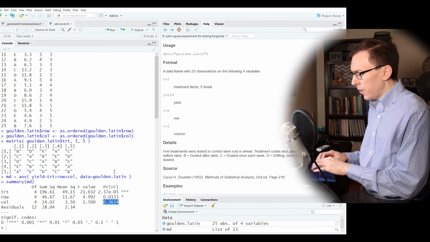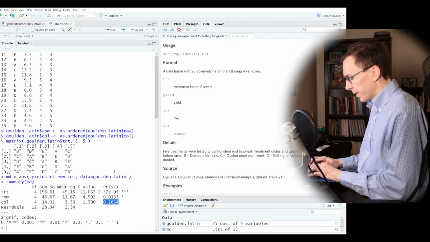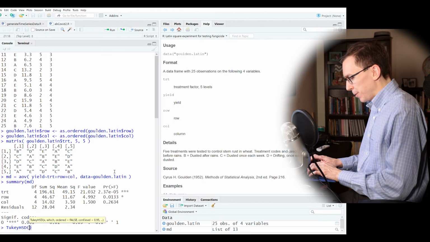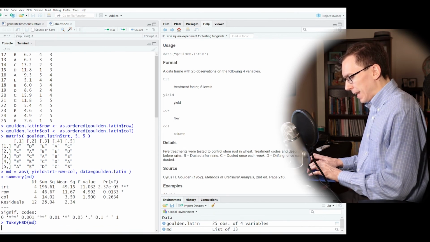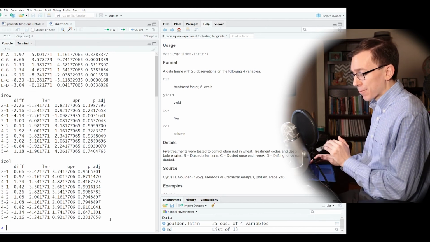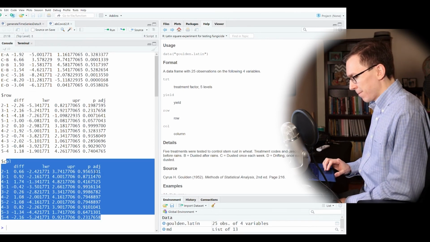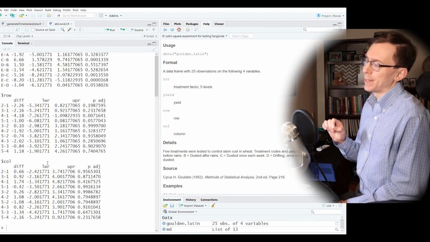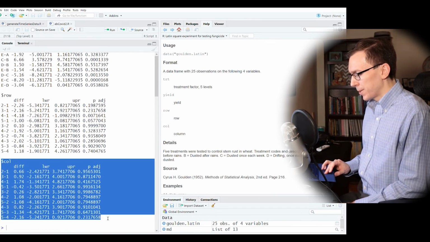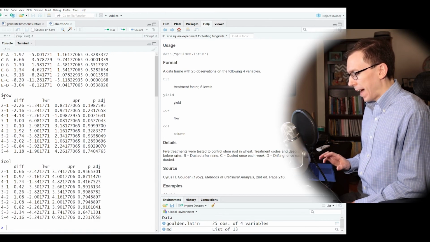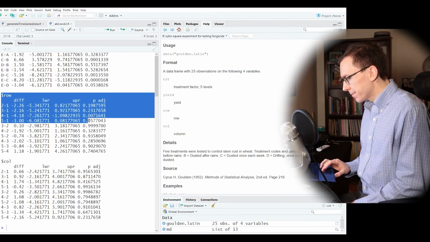So, okay, let's look a little bit more into that. Well, there's a couple things we can do. I guess the most sensible one would be to do Tukey HSD and apply it to the model. It's going to do a Tukey test for everything, so we're going to get a ton of output. We want to ignore the column one, even though there are no significant p-values here. You have to be careful because sometimes you might see a significant p-value here, and it would be erroneous because the column factor is not significant at all.